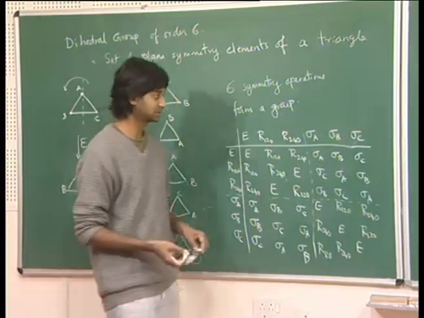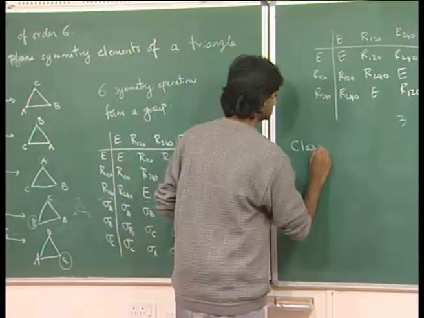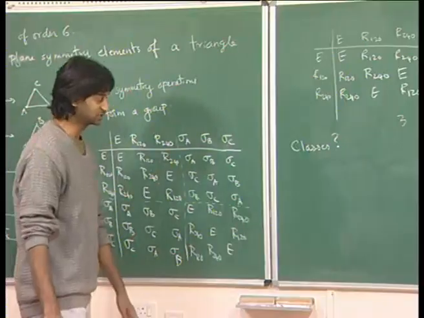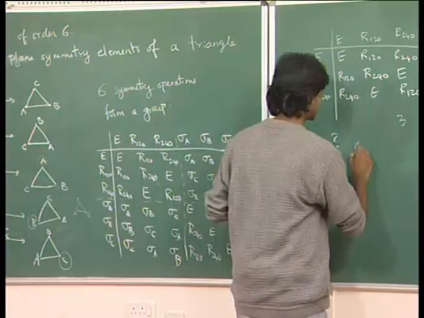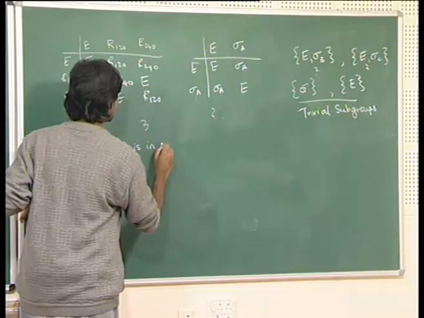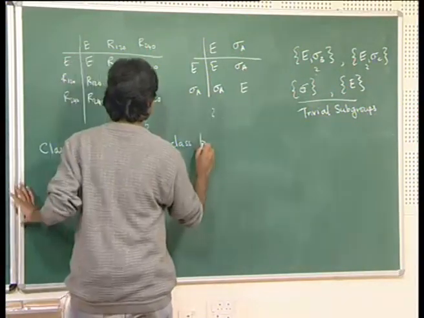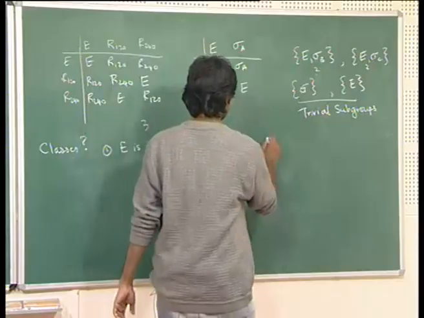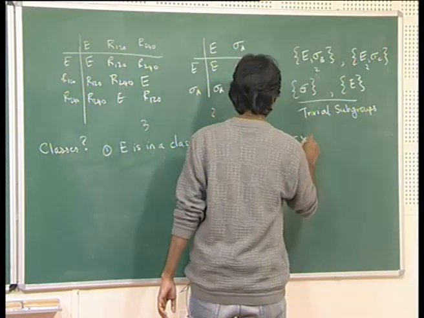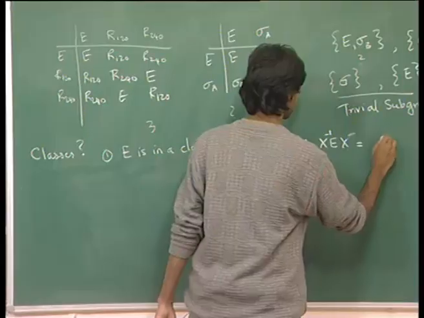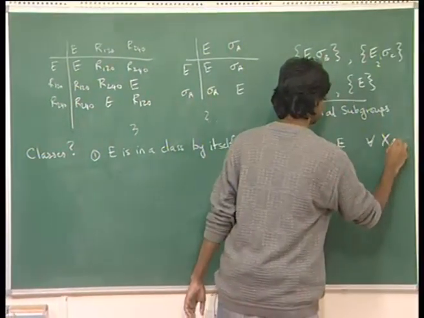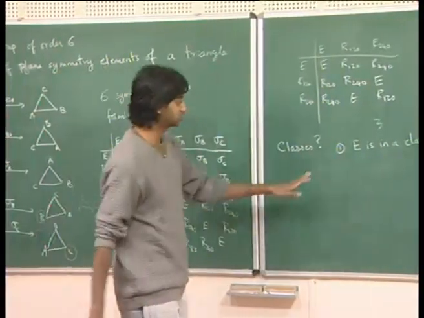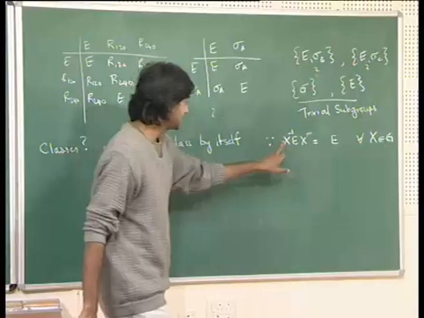Now, what about the classes? So, the statement I will make is that E is in a class by itself, because x inverse E x is equal to E for all x contained in G. So, this is true for any group, E is always a class in itself, because x inverse E is just x inverse.